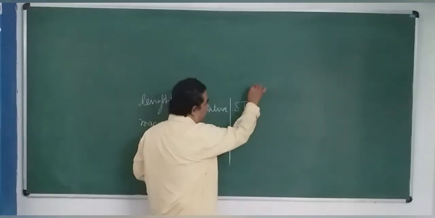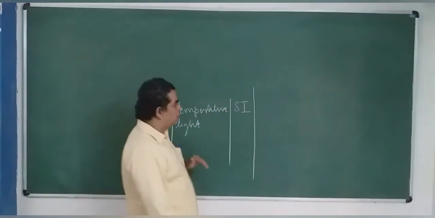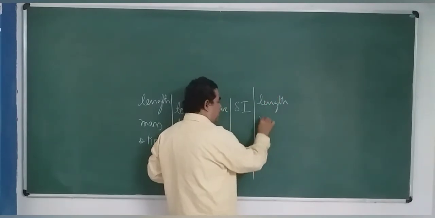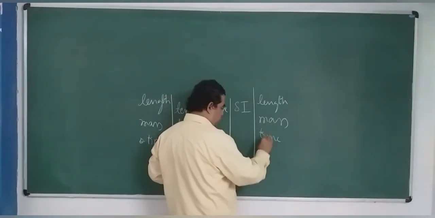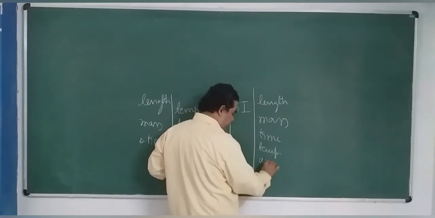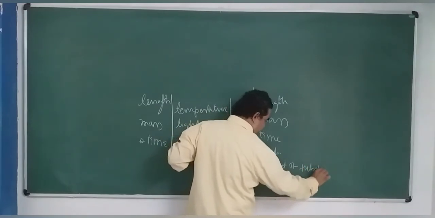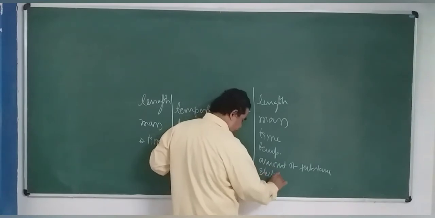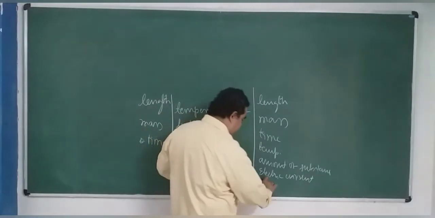So those 7 quantities which we take in the SI system as fundamental are length, mass, time, temperature, amount of substance, electric current, and then luminous intensity.